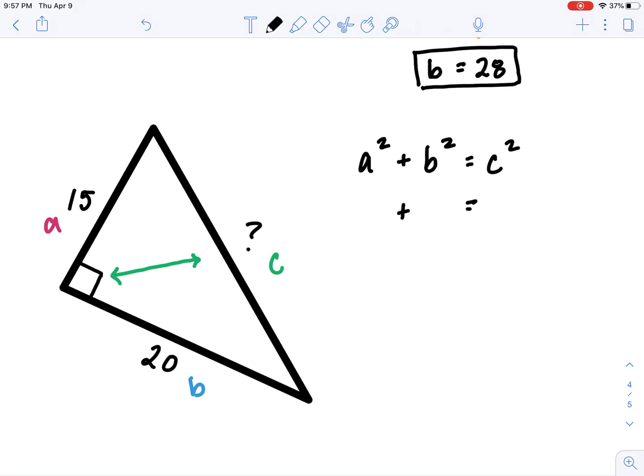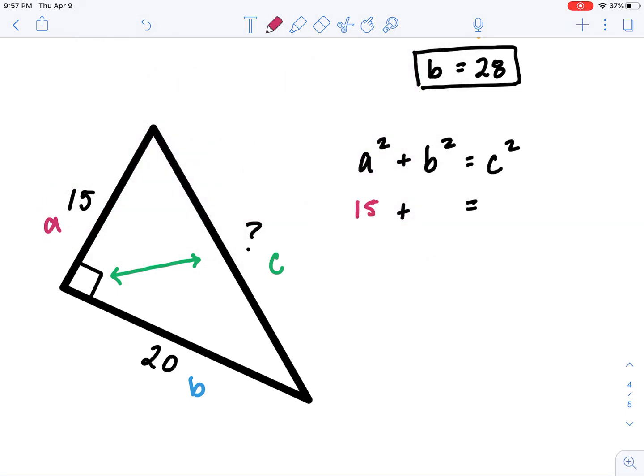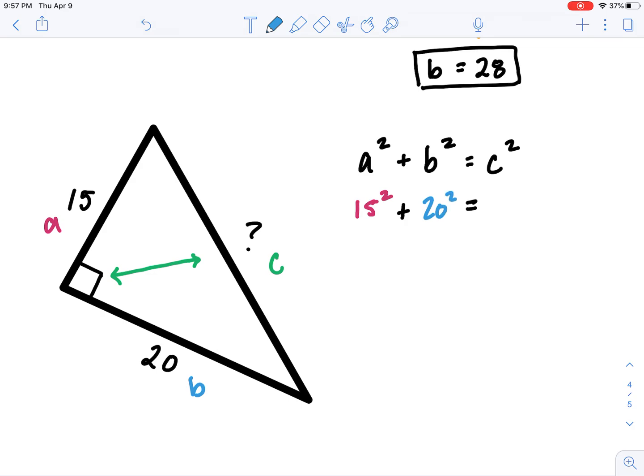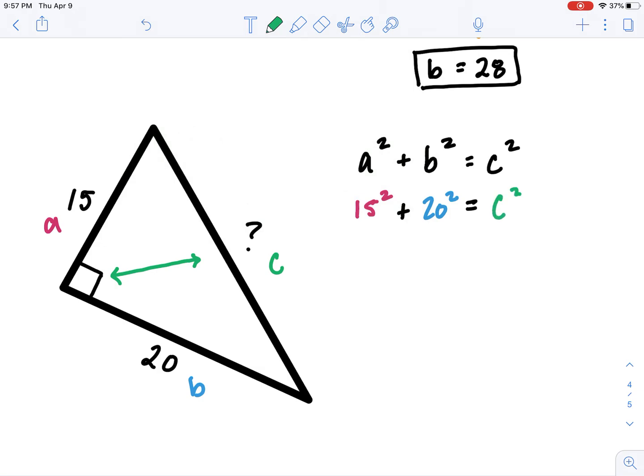And then let's plug in. A is 15, so I'm going to replace A with 15. B is 20, so let's replace B with 20. And C is unknown. I don't know C, so we're going to leave it just as C, because I don't know what that number is yet.